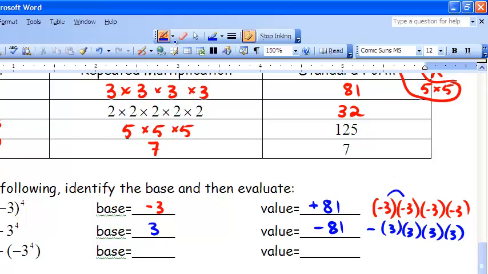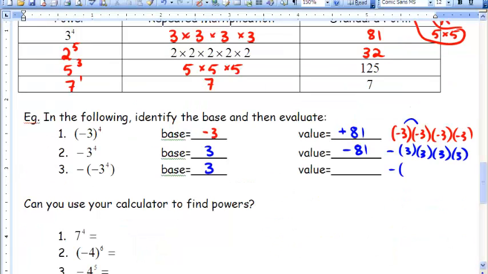Next, we've got a negative with a base of a negative to the exponent of 4. Well, our base is going to be 3, and we have a negative out here, and we've got negative, and then we've got 3, and we've got another negative, and then we have 3 times 3 times 3 times 3. Well, two negatives make a positive, and we end up with 81.